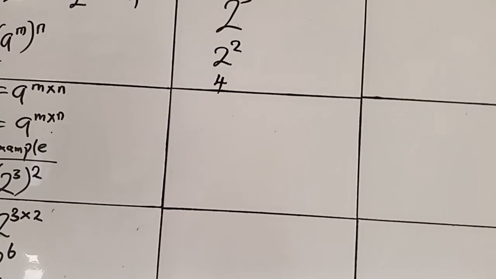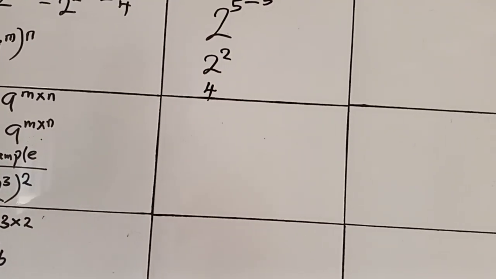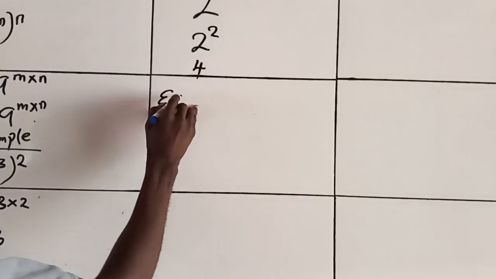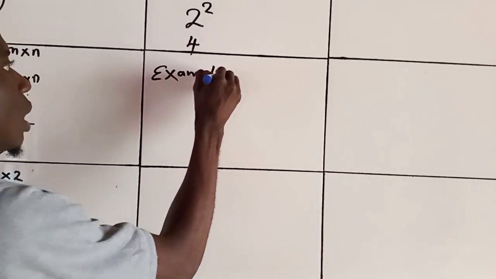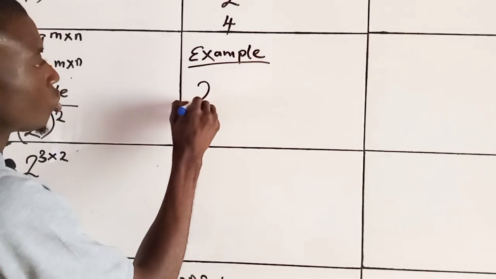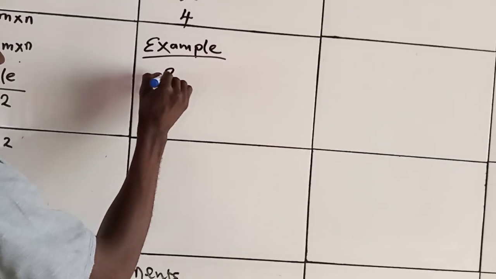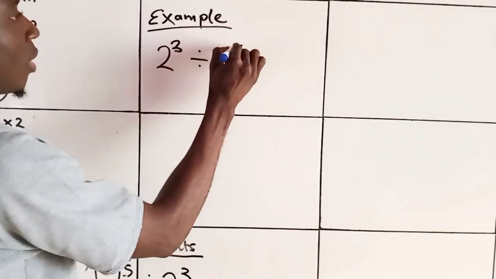Let's say that the exponent is negative, what are we going to do? Example, you have 2 raised to the power of 3 divided by 2 raised to the power of 5.